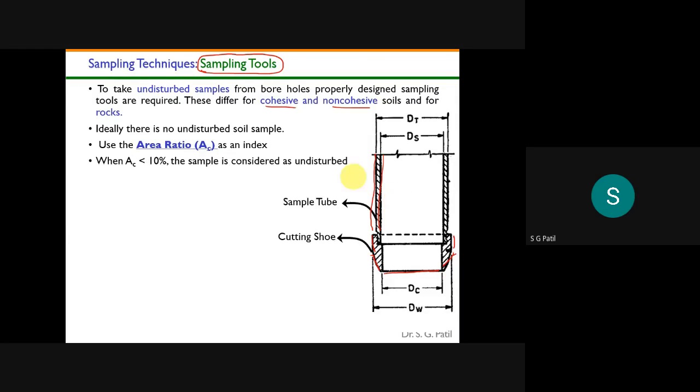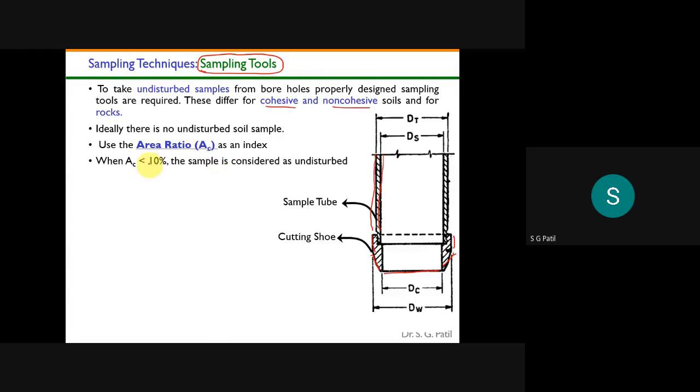There is no 100% undisturbed soil sample, but based on certain parameters, you can tell that a soil sample is, to some extent, undisturbed. So what are those parameters?